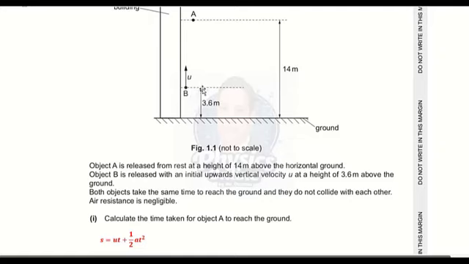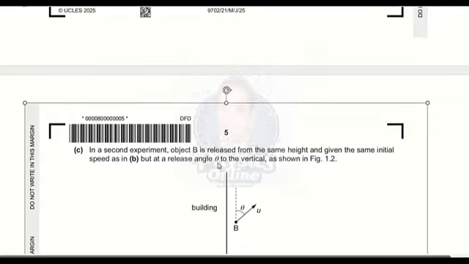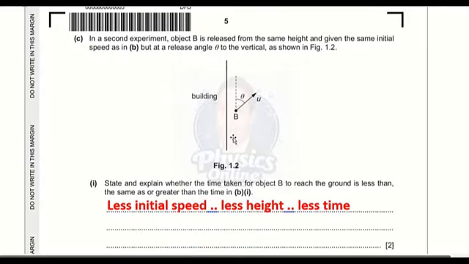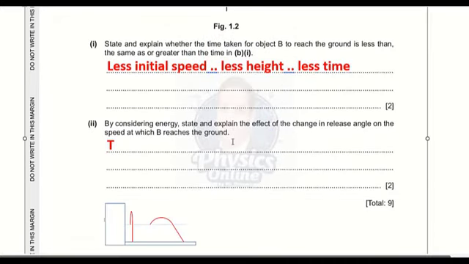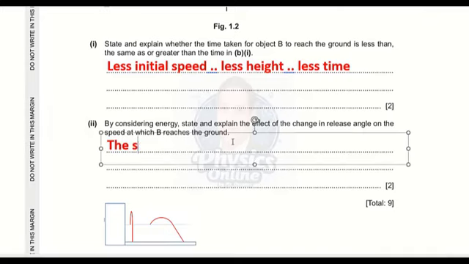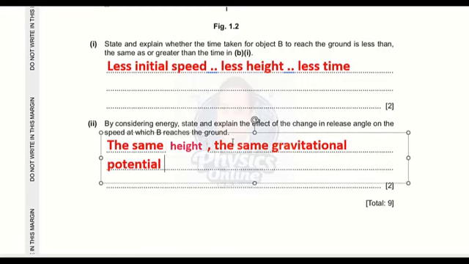The same displacement, the same height, 3.6 in both cases, which means the same gravitational potential energy, which means the same kinetic energy, which means the same speed to reach the ground.